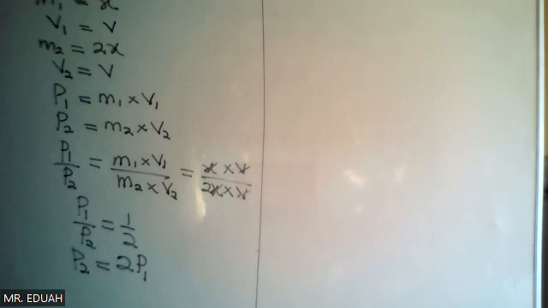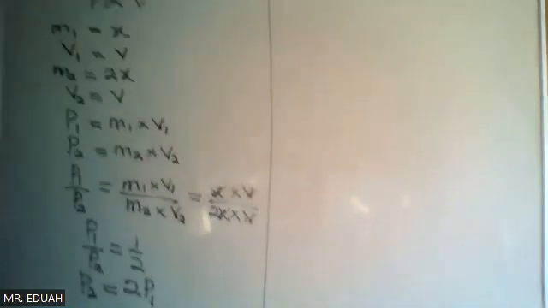The second question said, how will the momentum of an object change if B, the velocity is reduced to 1/3 of its original magnitude?